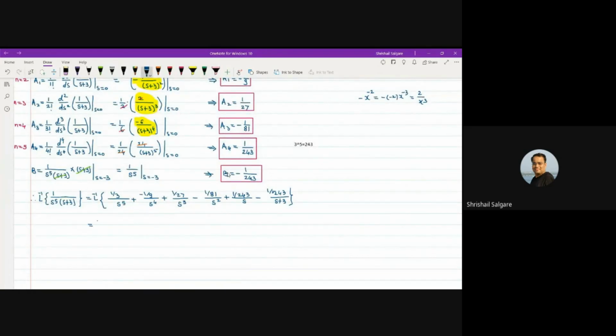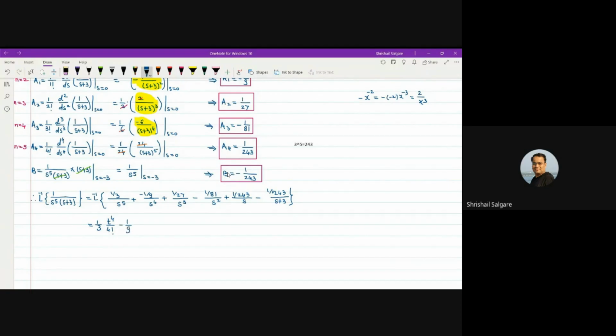So first one, 1 by 3 as it is. What is L inverse of 1 upon s raised to 5? Is it right? Yes. Okay, next.